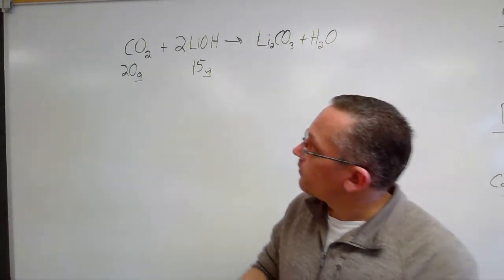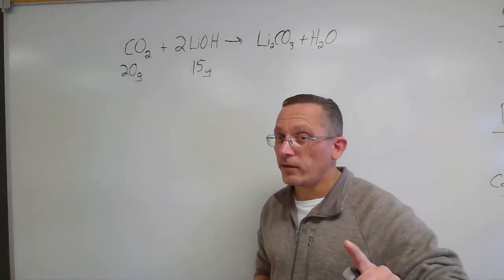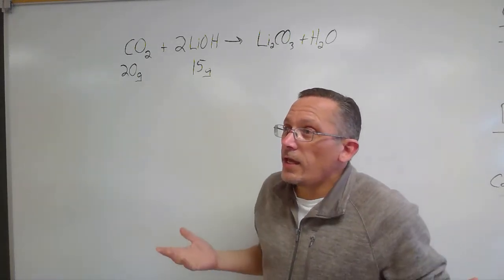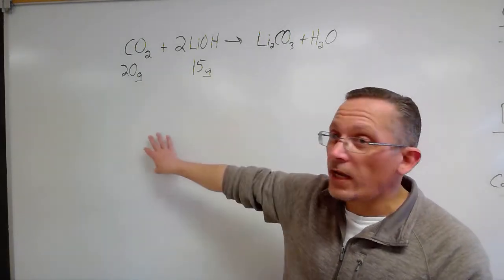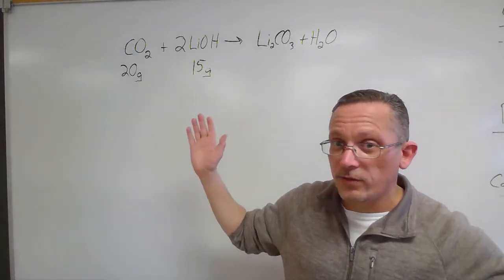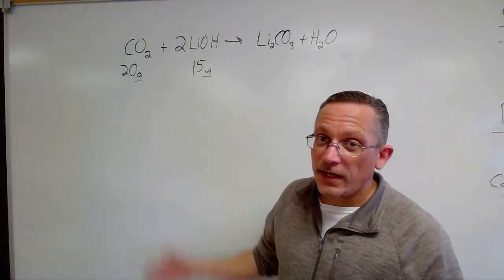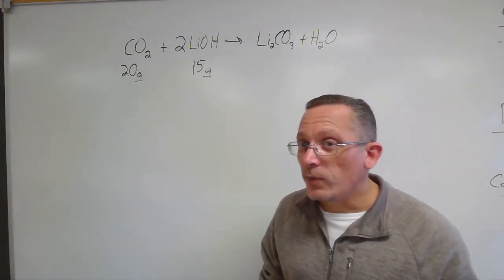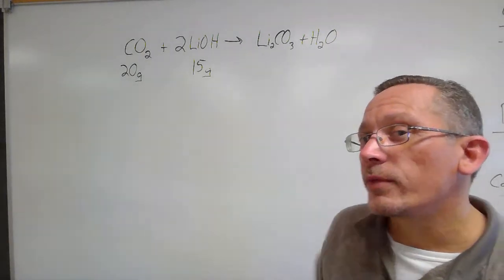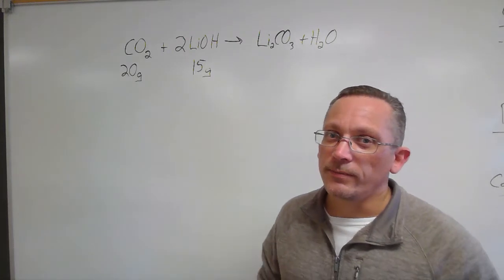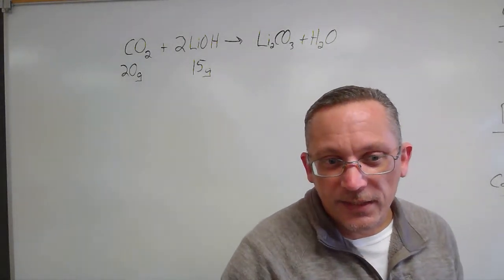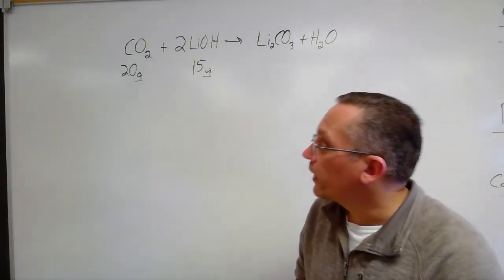Now, you remember, figuring out the limiting reactant, I'm just going to pick one to start with. If I happen to pick the limiting reactant to start with, that's great. If I don't, then once I figure out which one is the limiting reactant, I'm going to have to start over. So let's do our calculation.